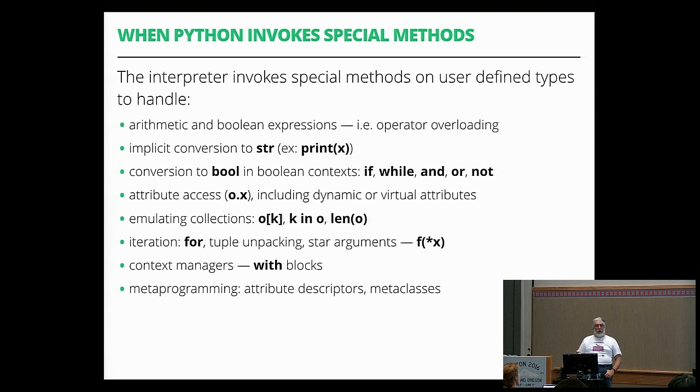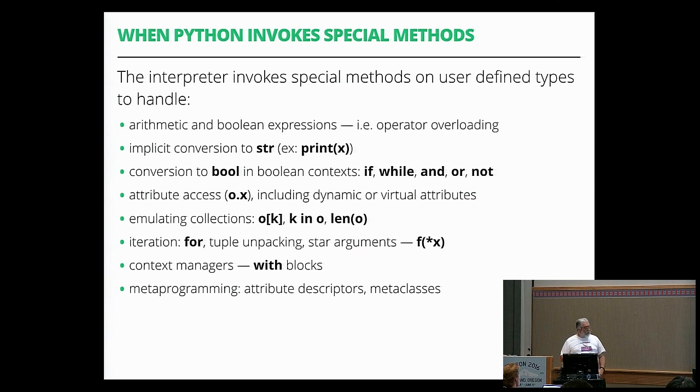Conversion to Boolean in Boolean contexts: if you say while x, Python will use a special method to determine whether x is true or false. Attribute access with the dot notation. Emulating collections like sequences or mappings, where you access items with the brackets. The in operator, like k in o, also uses special methods. The len of o also.